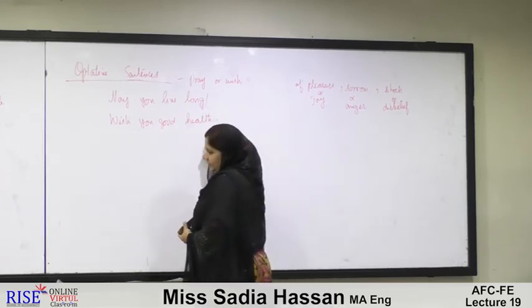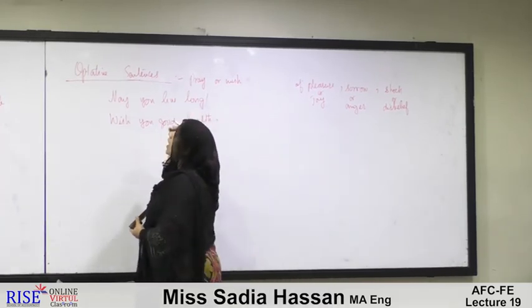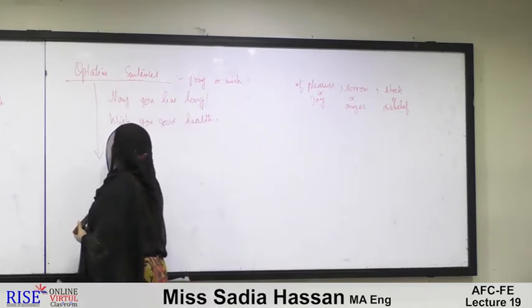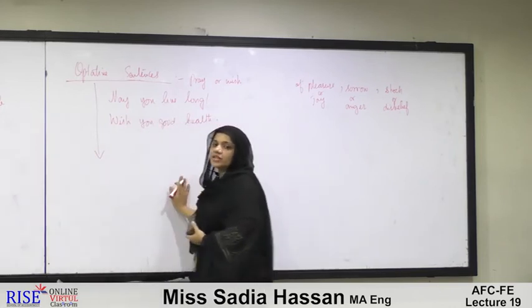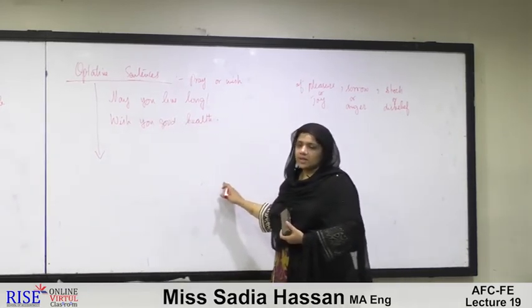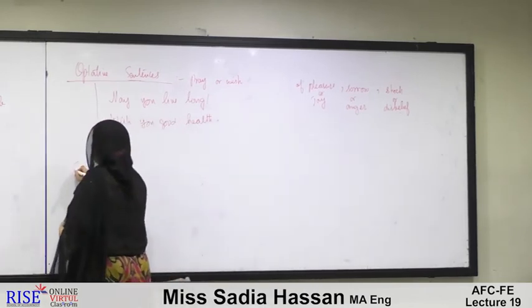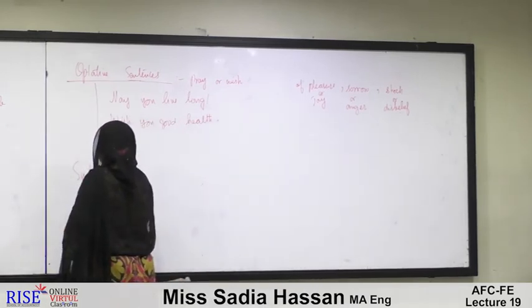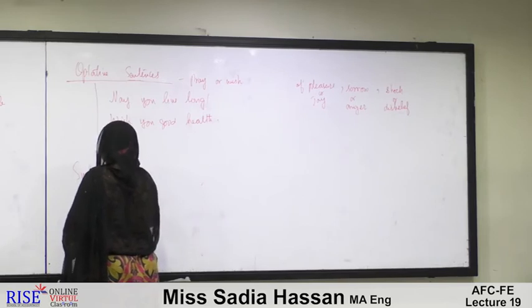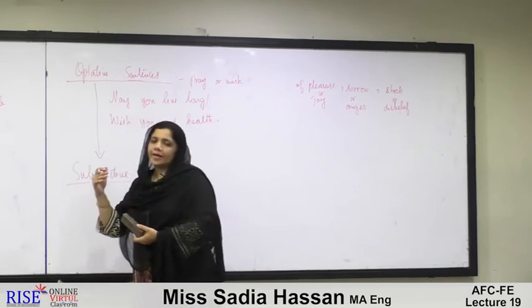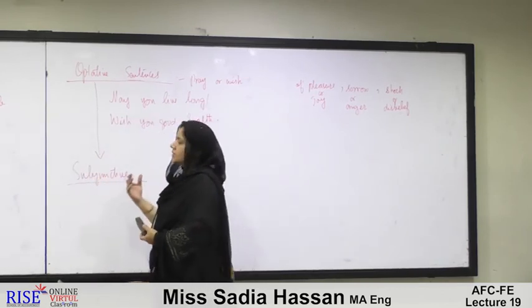This is the optative sentence. One of the branches of optative sentences is this, that sometimes we have wishes or prayers that might happen, and that particular name is called subjunctive. It is actually one of the sub-branches of optative sentence, which is known as subjunctive.